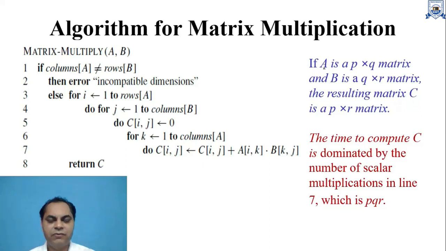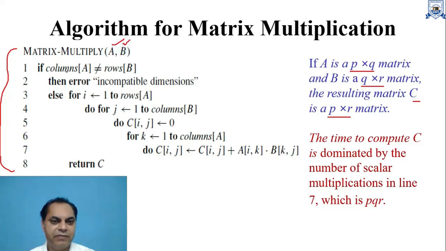Now we'll discuss multiplication of two matrices. Let's say we have two matrices A and B. A has dimension P into Q, and B has dimension Q into R, and when we multiply these two matrices, we will get another matrix C, which has the dimension P into R. Now, there is a simple algorithm for multiplication of two matrices, and let's say its name is Matrix-Multiply.